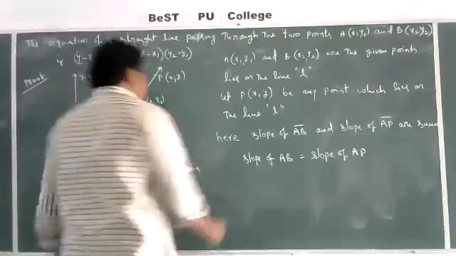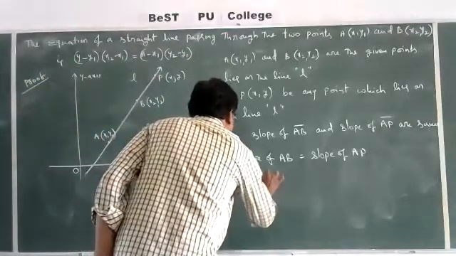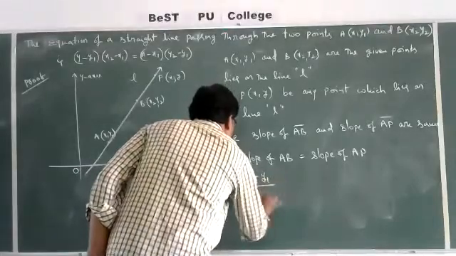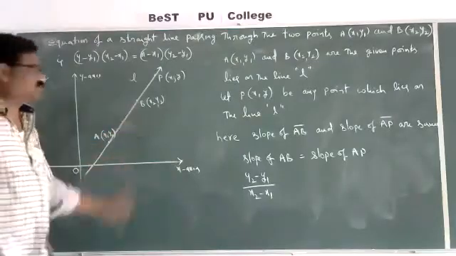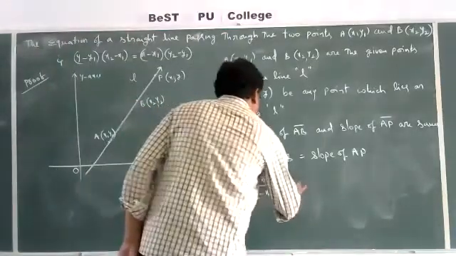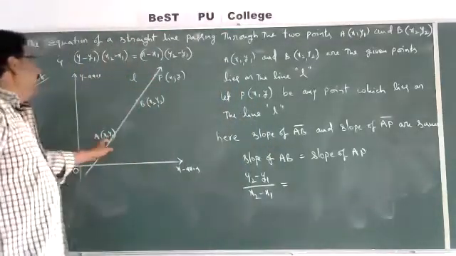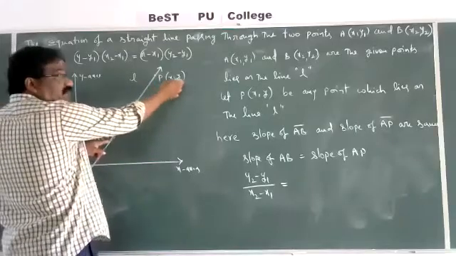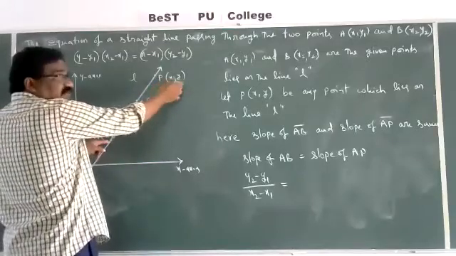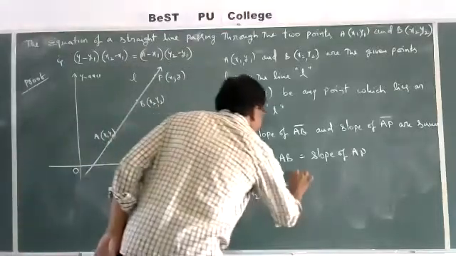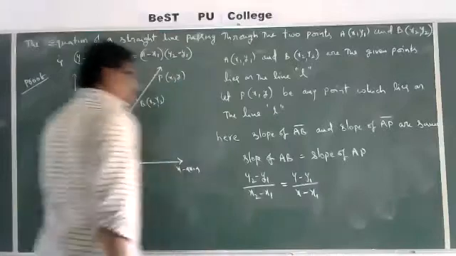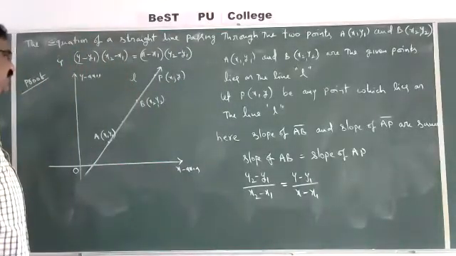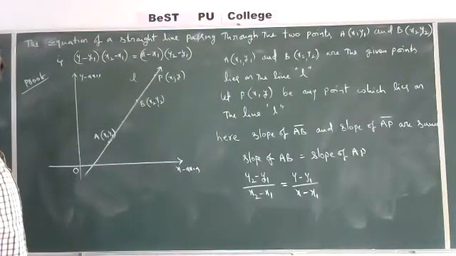Slope of AB is (y2 minus y1) by (x2 minus x1). We know the formula. That is equal to the slope of AP, where we consider this point as x2 y2, xy, so it is (y minus y1) by (x minus x1).